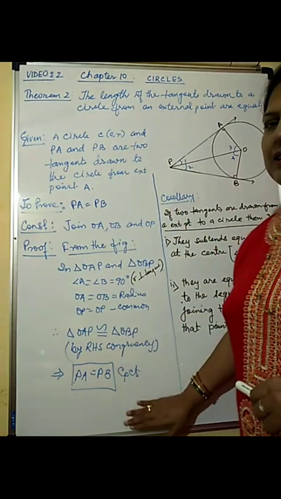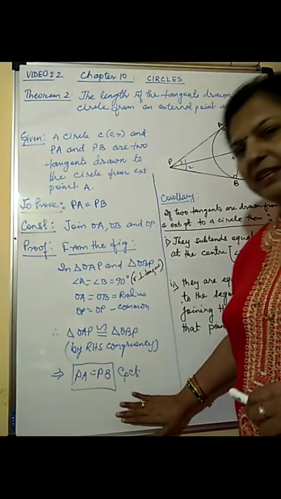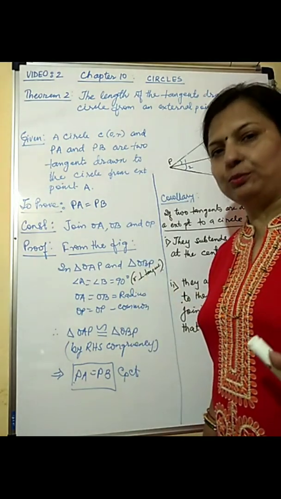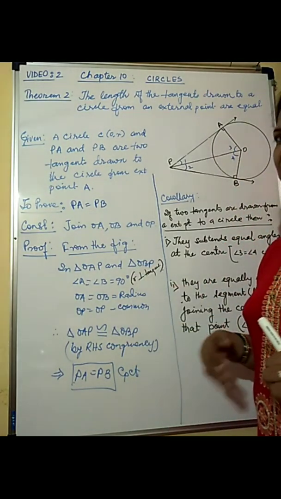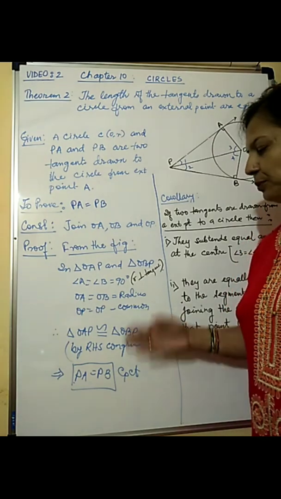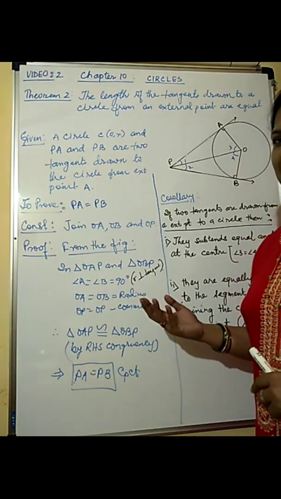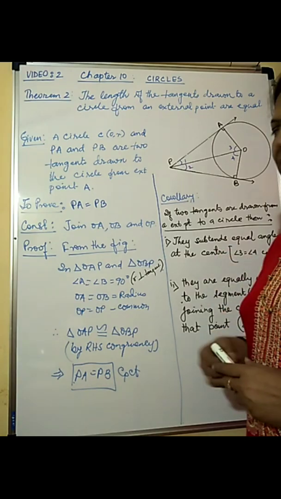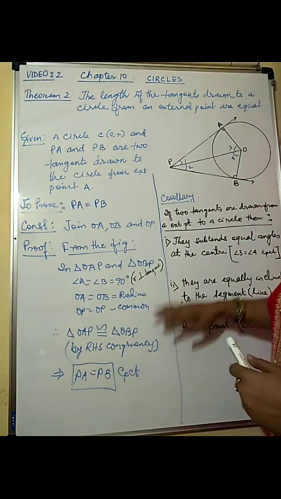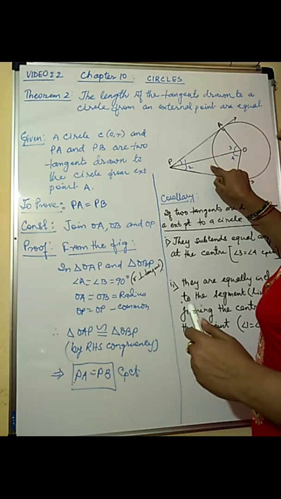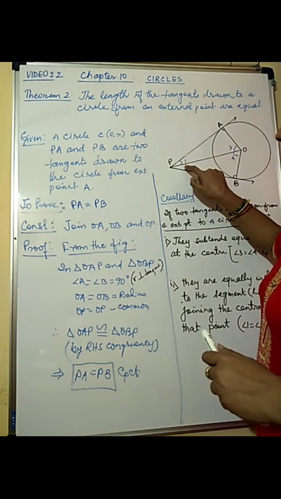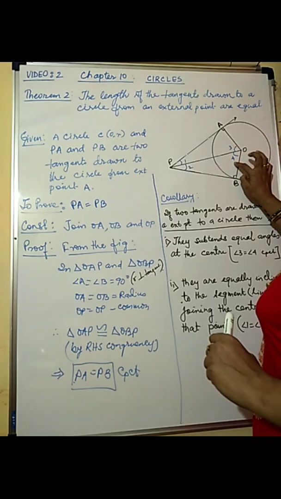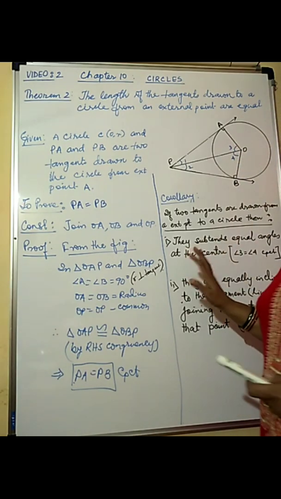Now after proving this, from the same result we can draw two more conclusions. We know that whenever we derive results from a proven fact, we call that a corollary. So the next two conclusions we can draw from here itself: if these two triangles are congruent, then angle 1 is also equal to angle 2, by CPCT, and angle 3 is equal to angle 4, also by CPCT.